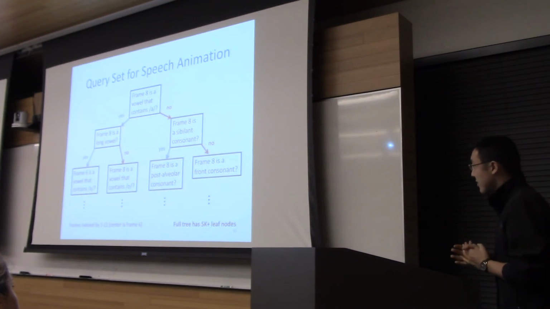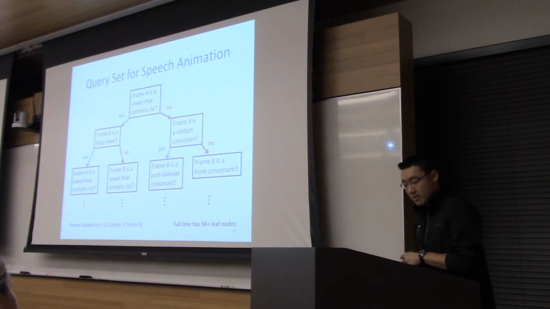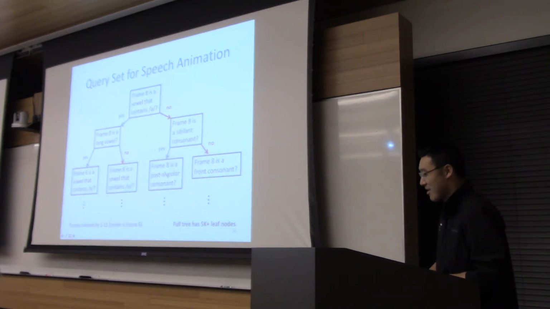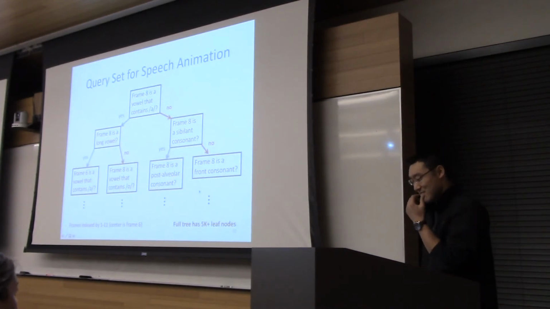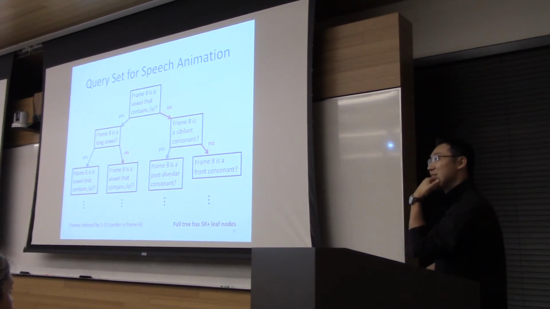We actually worked with some linguists on this, and so we defined a query dictionary based off of phonetic features of the inputs. So things like, is it a long vowel? Is it a sibilant consonant? It's basically, does the tongue hit the roof of the mouth as you speak it, or something like that.